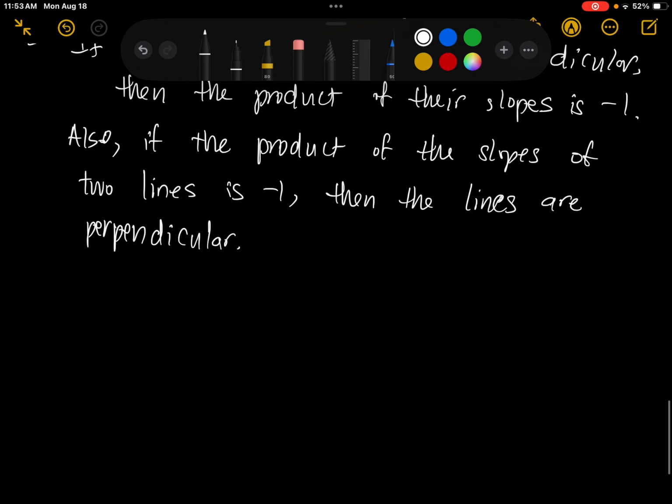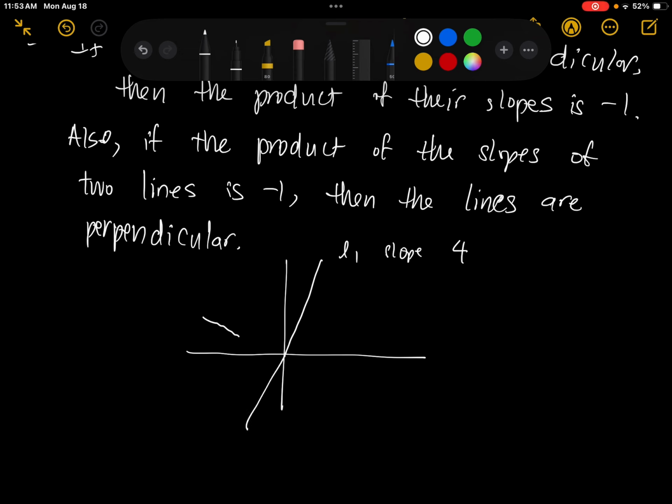Because if you had one line with, say, slope 4, and another line had slope -1/4, how do you know that the angle they make is 90 degrees?